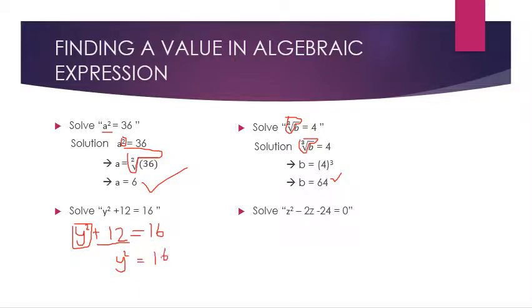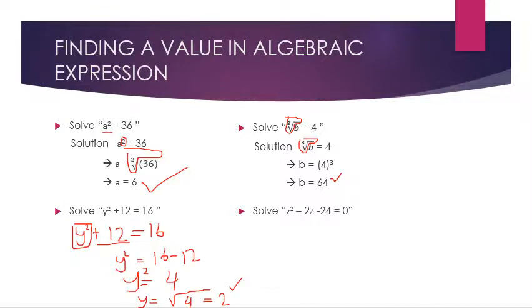And the opposite of addition is subtraction. So y squared equals 16 minus 12, which is 4. So y equals, remember the opposite of square is square root, the square root of 4, which equals 2. So y equals 2.